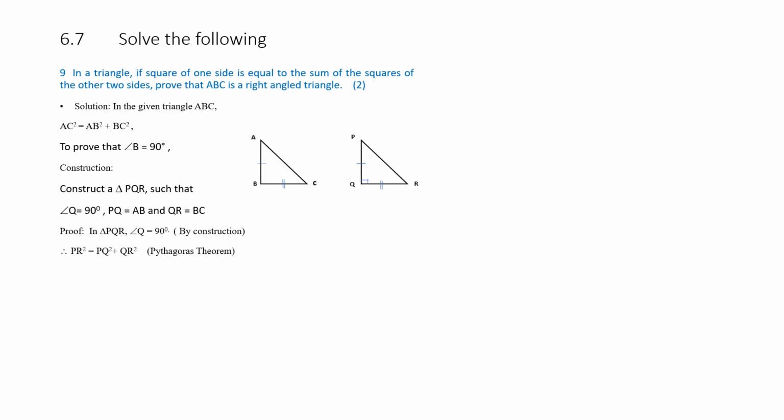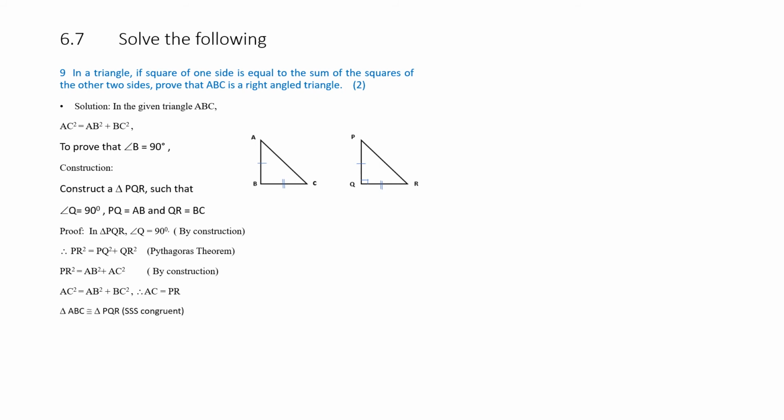Proof: in triangle PQR, angle Q is equal to 90 degrees by construction, and PR square is equal to PQ square plus QR square, by Pythagoras theorem. Therefore, PR square is equal to AB square plus BC square by construction. AC square is equal to AB square plus BC square. Therefore, AC is equal to PR.